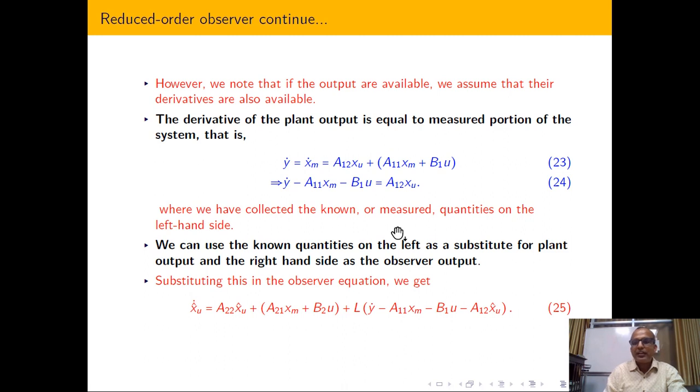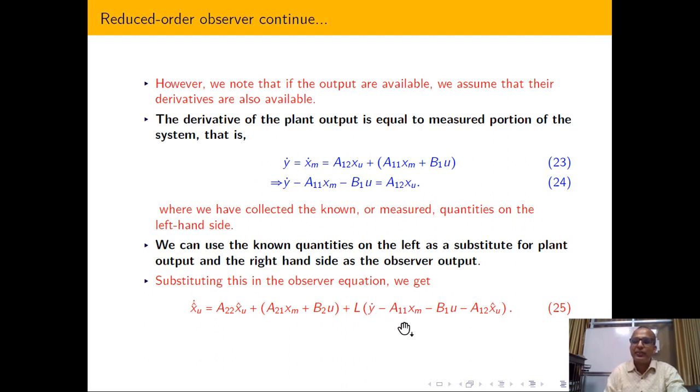If you see very carefully, this kind of thing is running. So at that time you have to assume that y dot is available to you. It might be possible that due to some measurement error, I cannot guarantee that y dot is known to me.